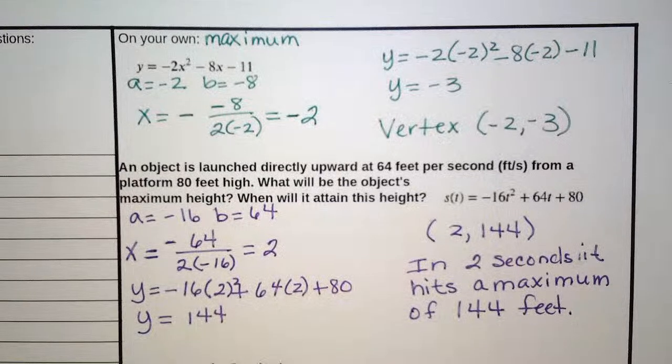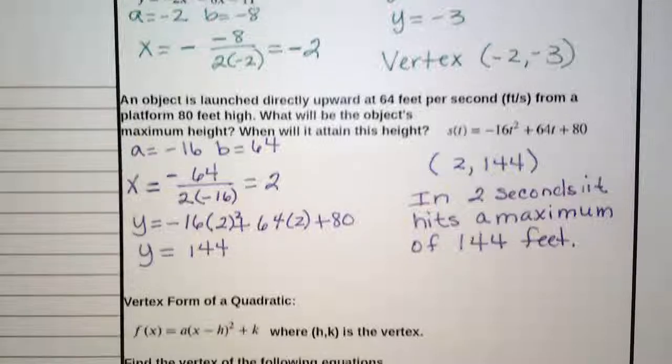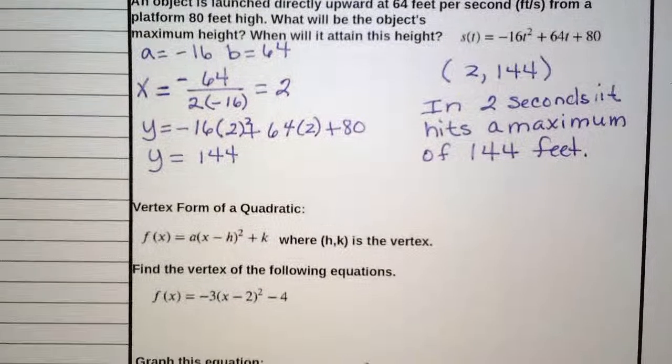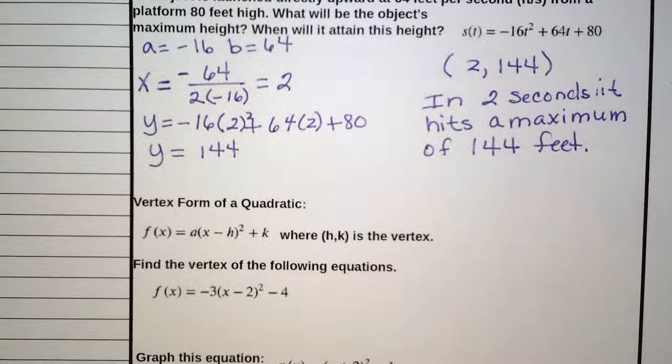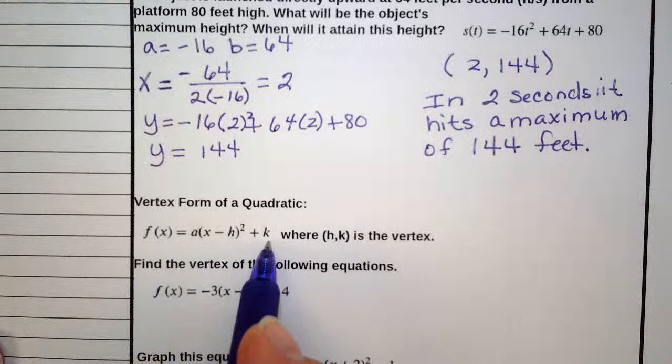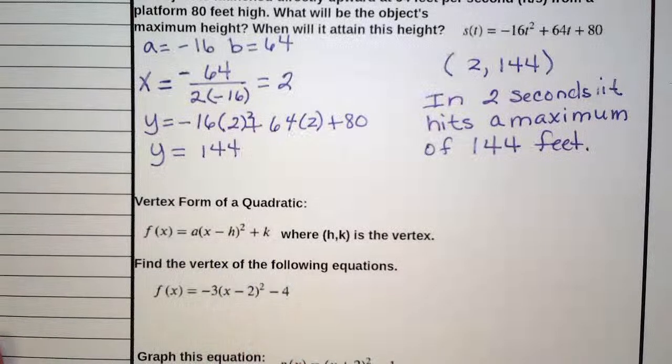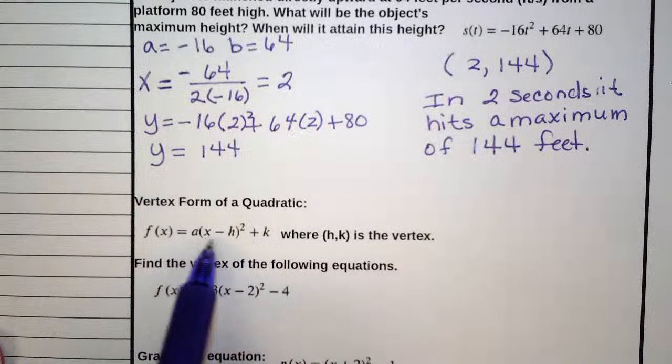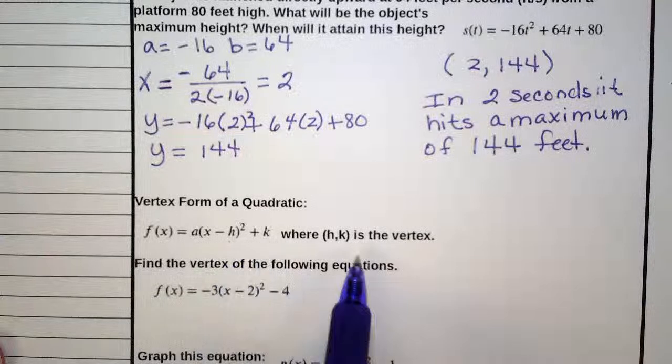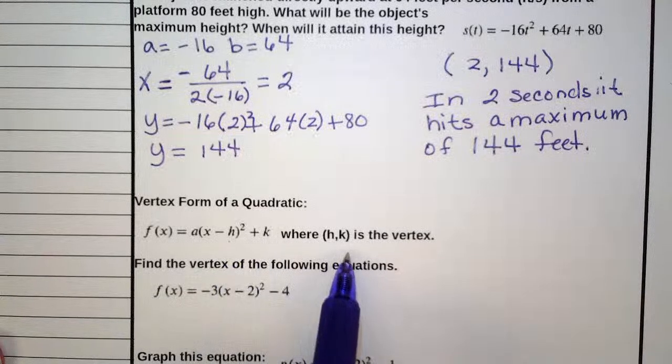Okay, any questions? Let's look at the vertex form of our quadratic. We've been working with the standard form. The vertex form kind of reminds you of a circle, the equation of a circle. You've got a times x minus h squared plus k, where h, k is the vertex.